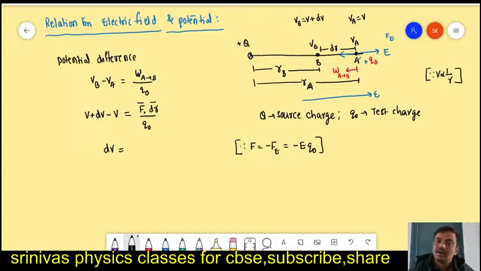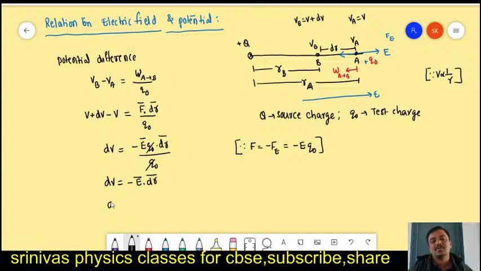Force on Q naught is E Q naught, so F by Q naught, F equal to E Q naught. Then we write minus E Q naught into dr by Q naught. This Q naught cancels, and finally we get dV is equal to minus E bar dot dr bar.